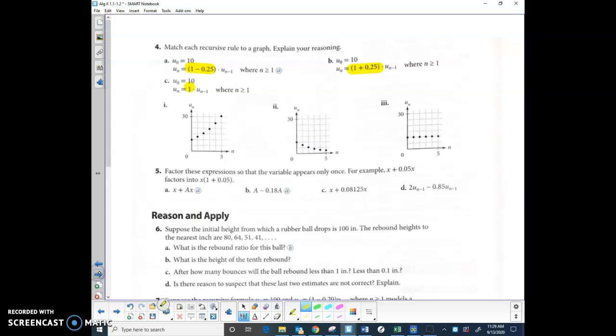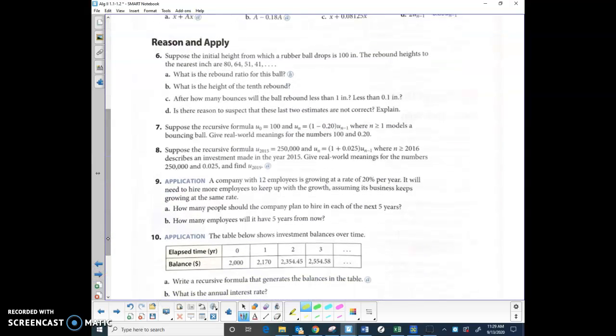Then 8 and 10 are some application problems. So 8 and 10. All right, so that's homework. Again, go ahead and try those today. I will be back tomorrow, hopefully, and we can go over any questions that you have on those.